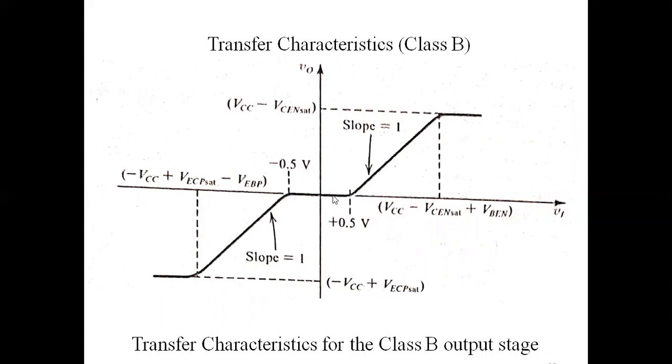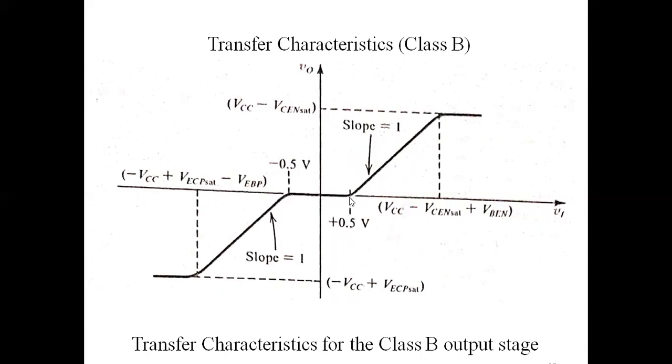This cutoff continues until 0.5 or 0.6 volts, and at this time the output voltage V0 is 0.